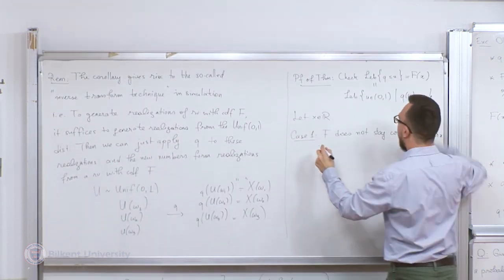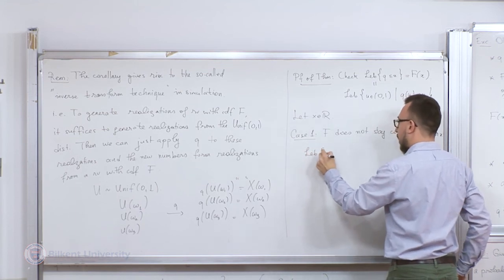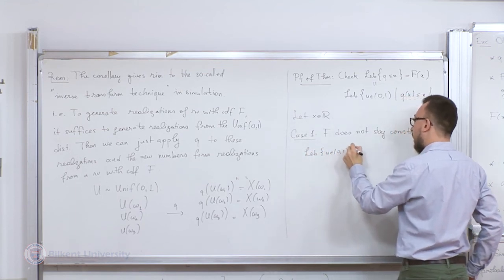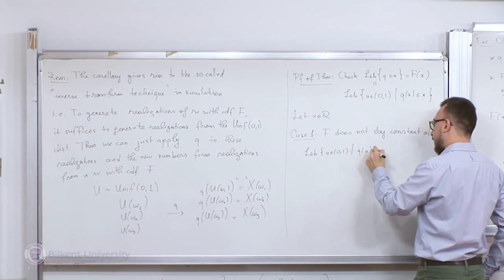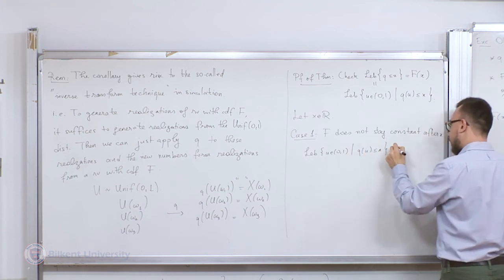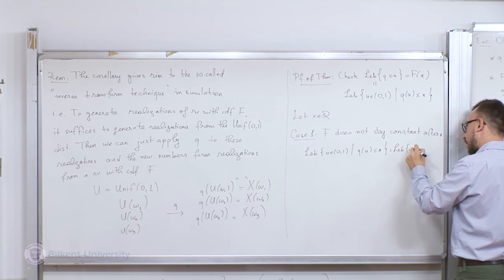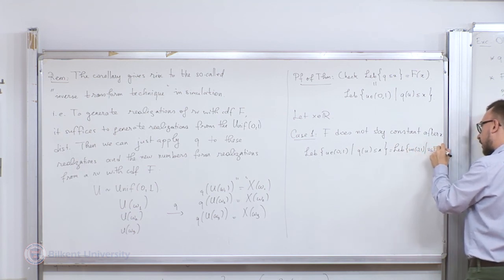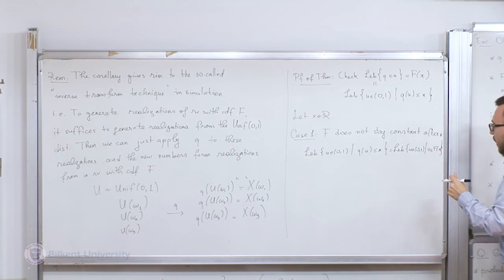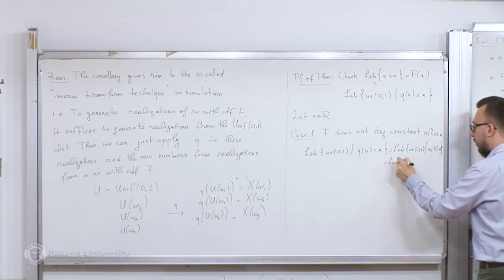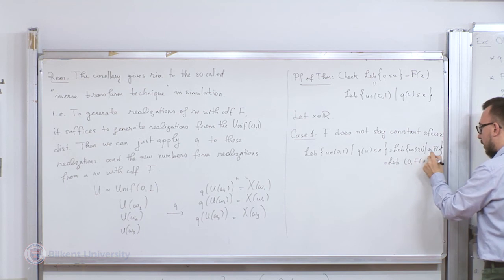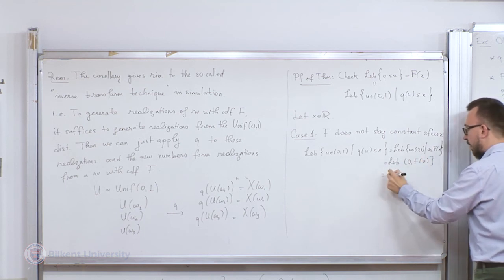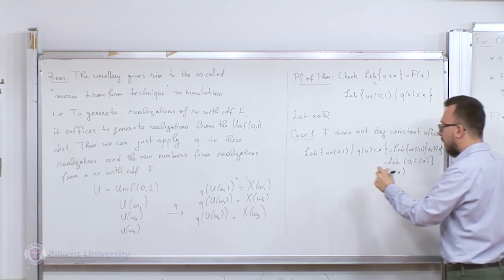So we have Lebesgue of u in [0, 1] such that q of u is less than x. This is the same as saying u is less than F of x. And this is just the Lebesgue measure of the interval 0 to F of x, which is going to give you F of x.